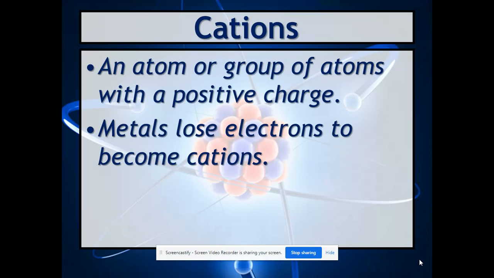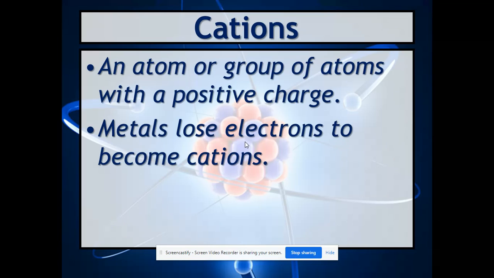So metals tend to lose electrons and become cations. Now, I just said they lose electrons, but then I said they are positive. All right, and that is because of the idea of the charges. If you lose electrons, which have a negative charge, don't they?